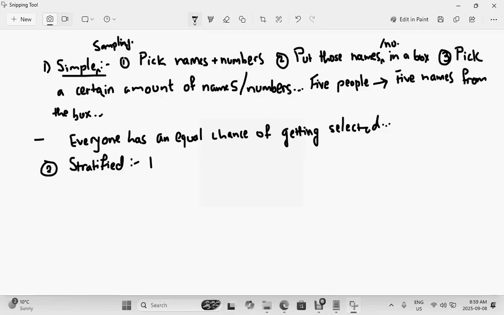So the population is divided into groups, or strata.